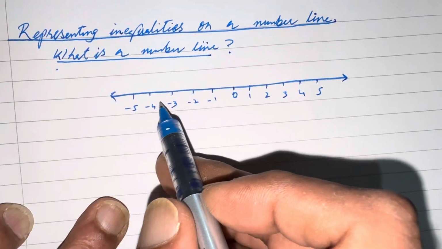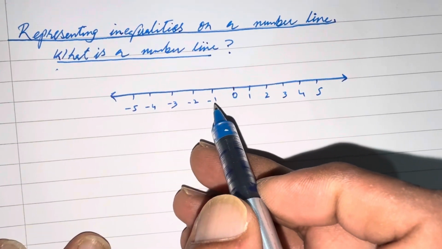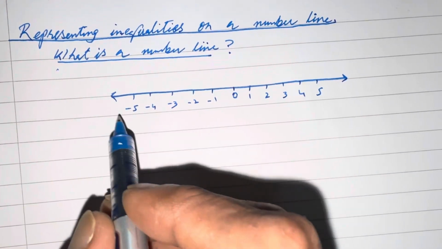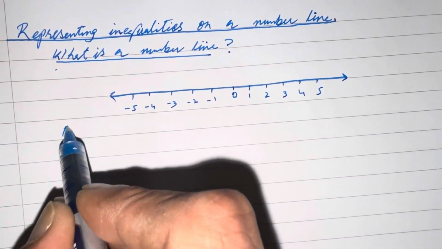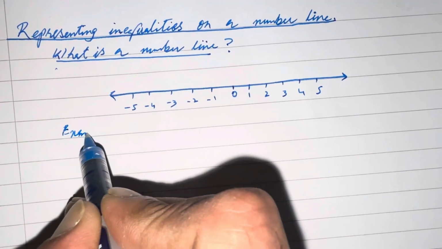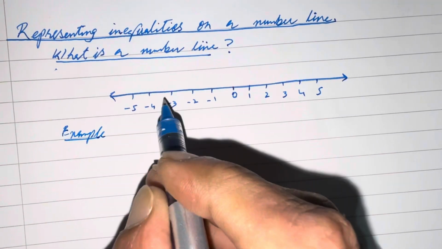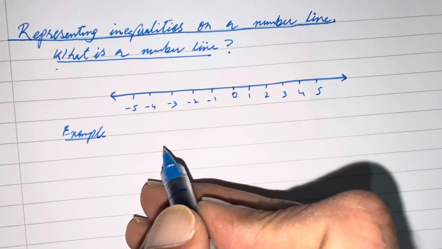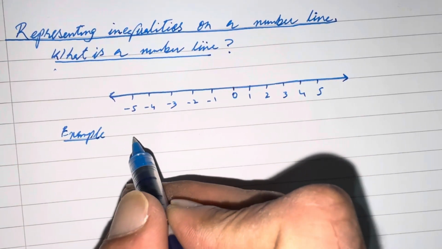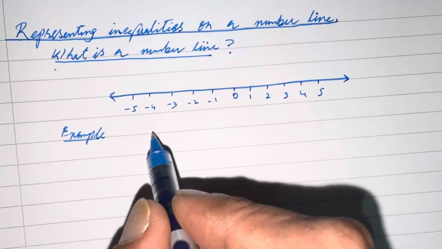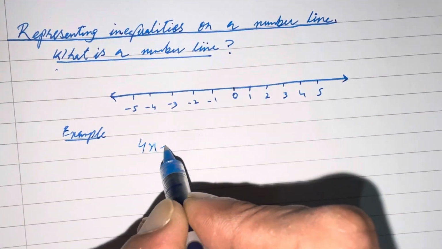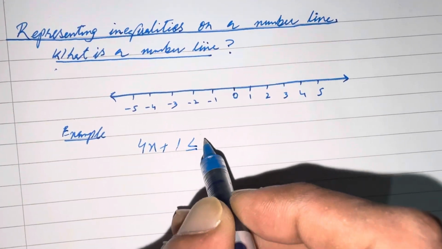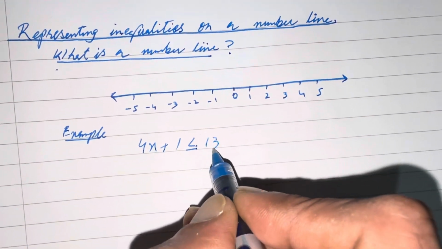So let's start with a very easy example of an equation that can be written as 4x plus 1 less than or equal to 13.